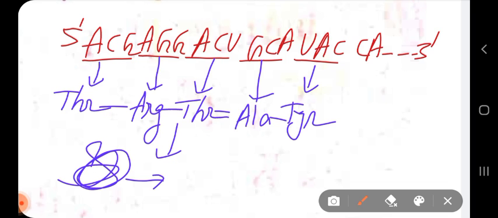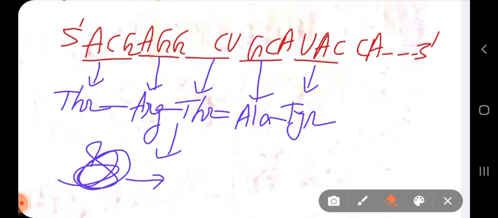Now why am I talking about this part? If there is a removal of a nucleotide due to mutation, due to deletion, suppose I am removing this nucleotide A, what will happen?